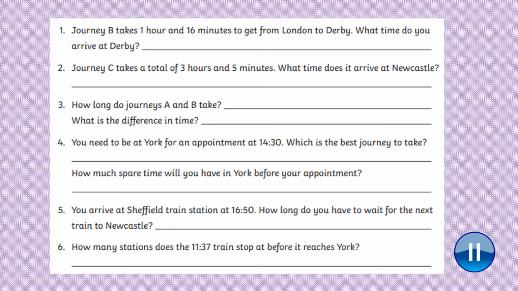You need to be at York for an appointment at 14:30. Which is the best journey to take? How much spare time will you have in York before your appointment? You arrive at Sheffield train station at 16:50. How long do you have to wait for the next train to Newcastle? Then how many stations does the 11:37 train stop at before it reaches York?